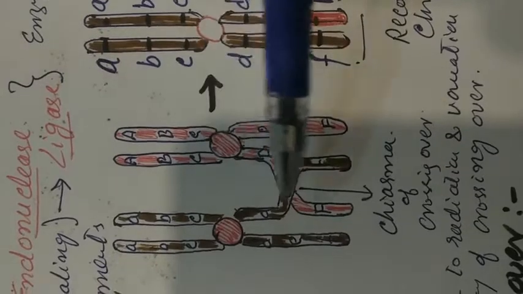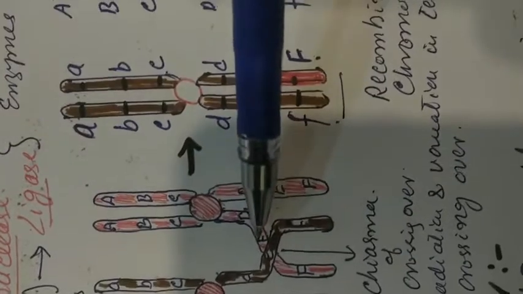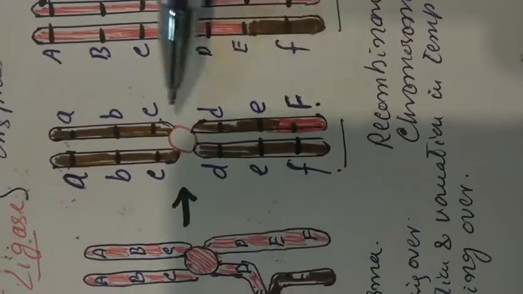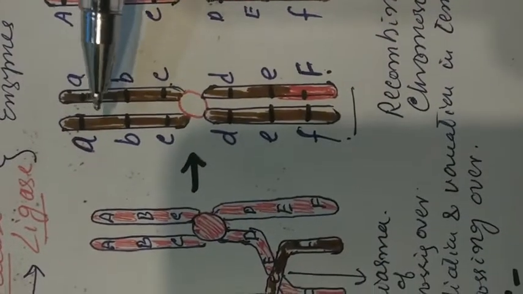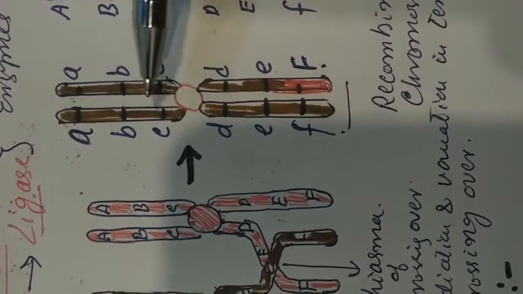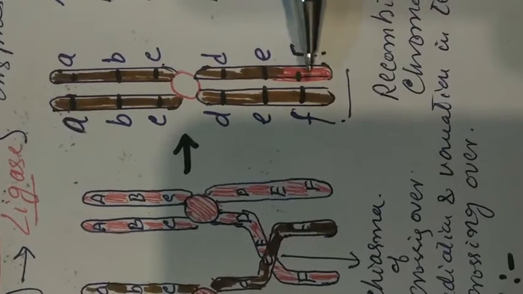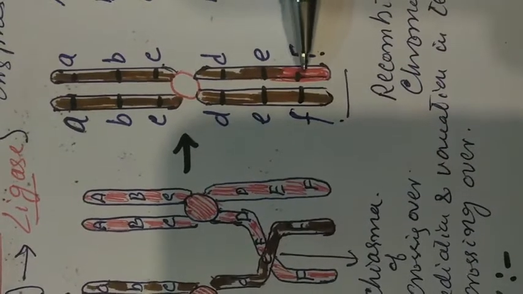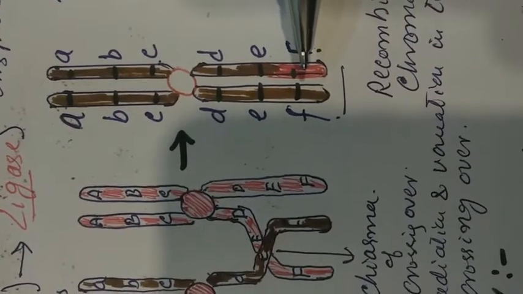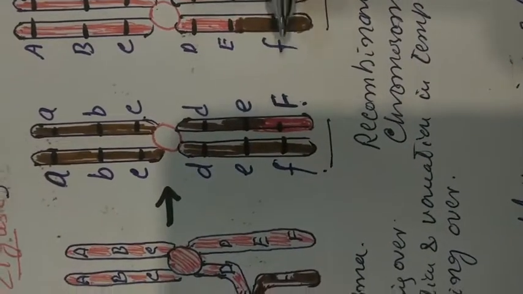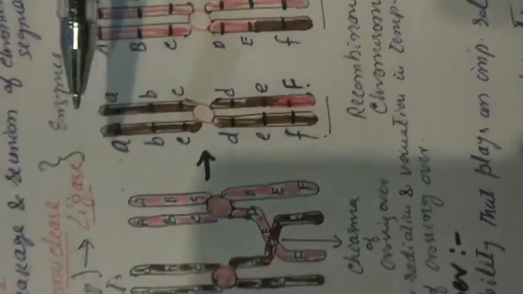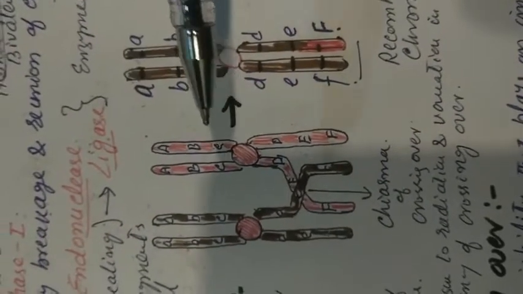Now, this whole process results in the formation of recombinants. As you can see, these are the recombinant chromosomes, in which this part of the segment is exchanged with another part of the homologous chromosome. Now this is the crossing over.